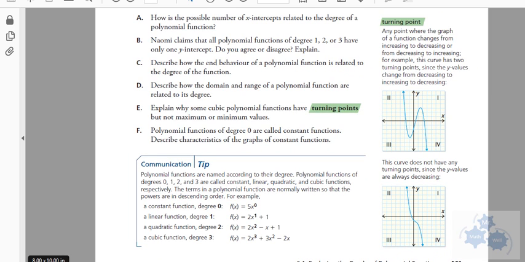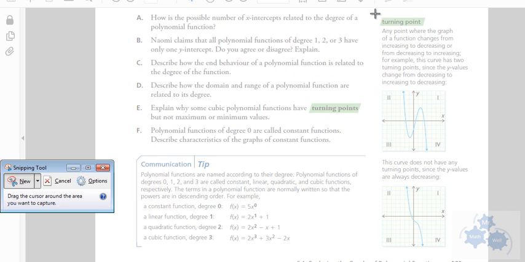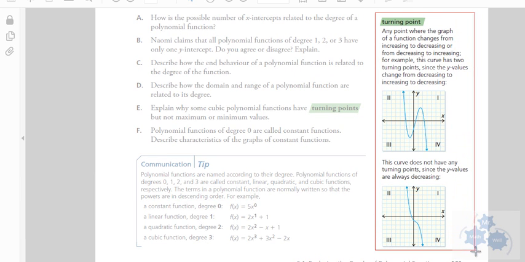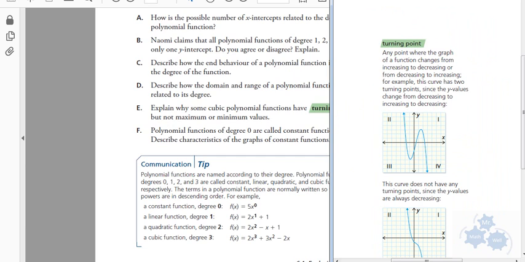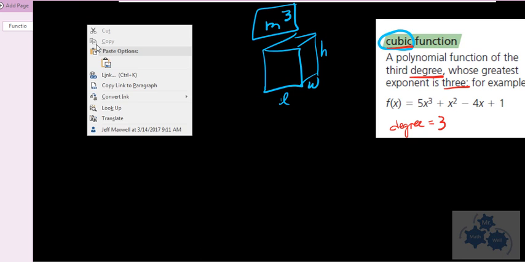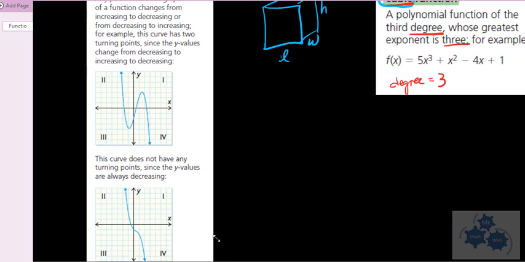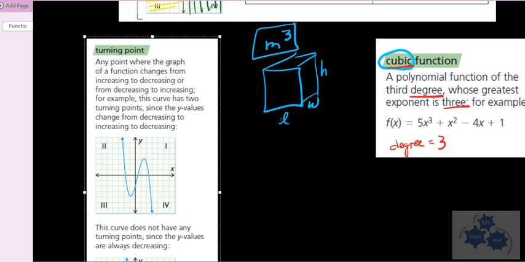So why don't we just clip that into the notes and talk about turning points. A turning point is defined as any point where the graph of a function changes from increasing to decreasing, or vice versa.